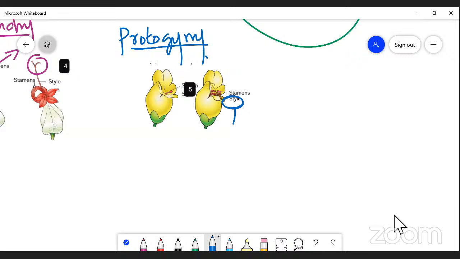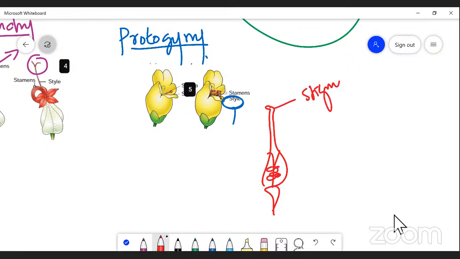Protogyny is the development of the gynoecium, which attains maturity very fast. Later, when you take a longitudinal section of the flower, you can see the gynoecium: the stigma, the central part called the style, and the lower part called the ovary.